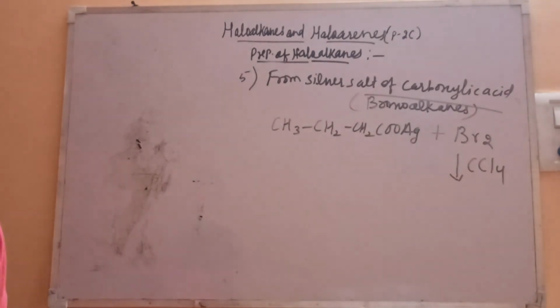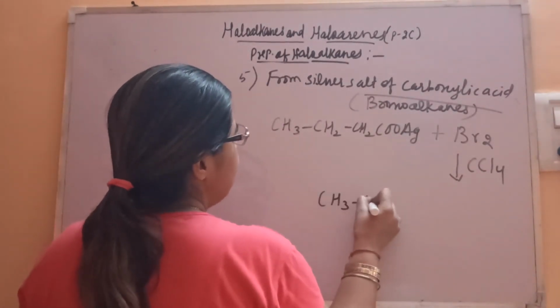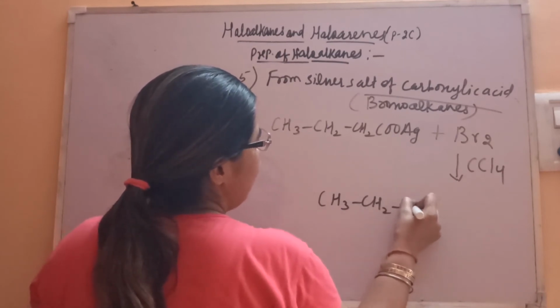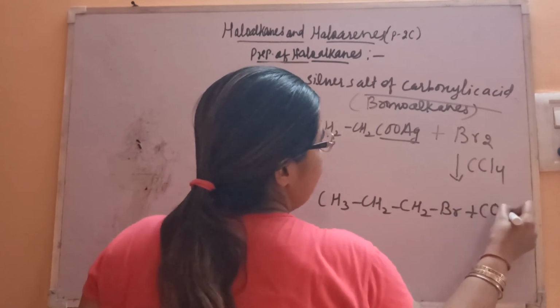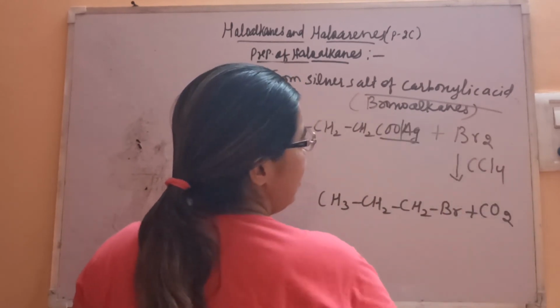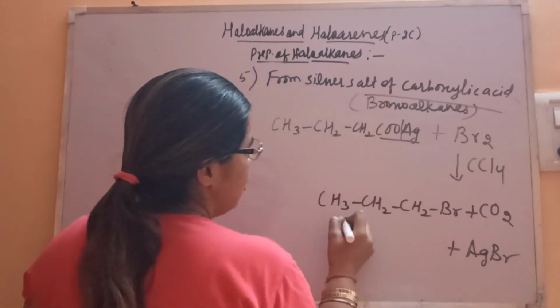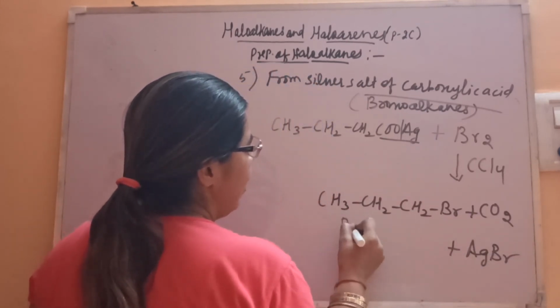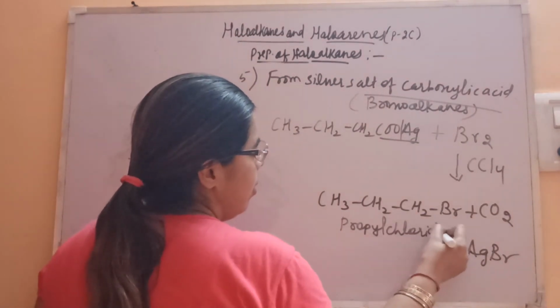So you will get the bromoalkane CH3CH2CH2Br, one carbon less. Here this will leave as carbon dioxide, and then AgBr gets formed, silver bromide. So you are getting propyl bromide.